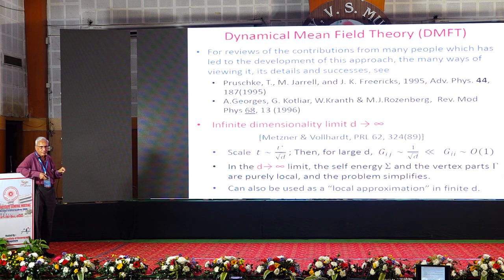You pretend that your Hubbard model is not in 3 dimensions or 2 dimensions, but in an infinite number of dimensions. Then you can show that each electron hops to a large number of different sites, and that the interaction effects on those sites become negligible.